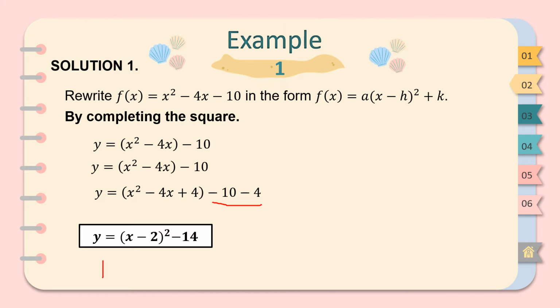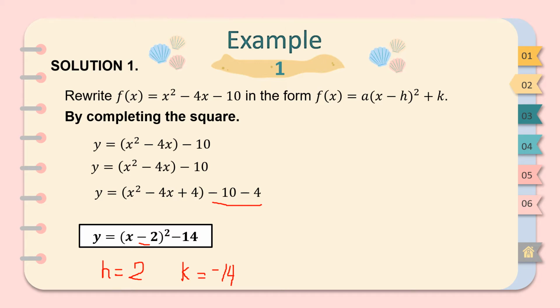So ang h po natin dito na makukuha natin, negative ang value, negative 2. So this will become positive 2. Ang k naman po natin ay negative 14. Kung ano po yung sign ng k, yun po yung sign ng sagot. Kung ano yung sa h lang po tayo mag-change. So, ito po yung sa solution number 1.